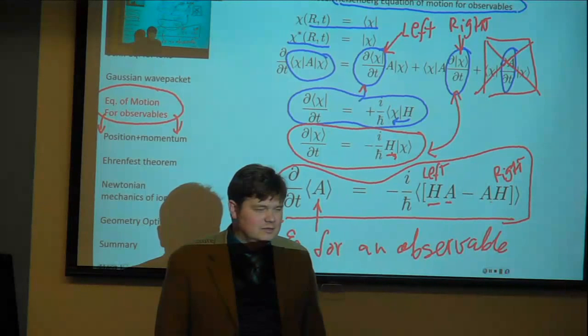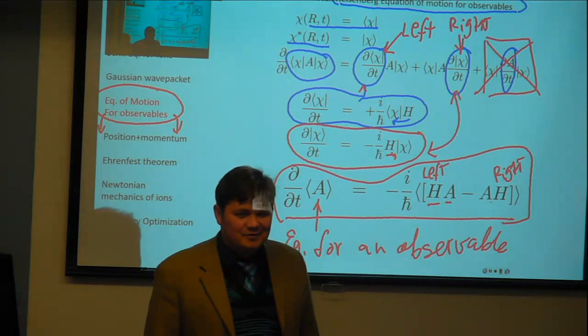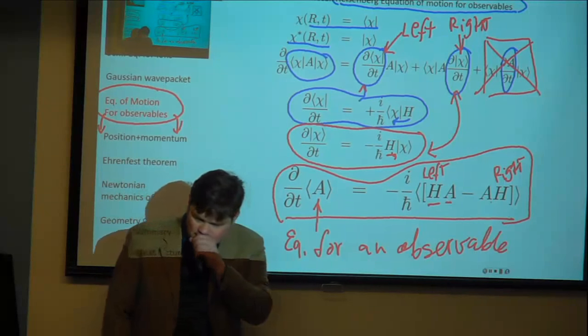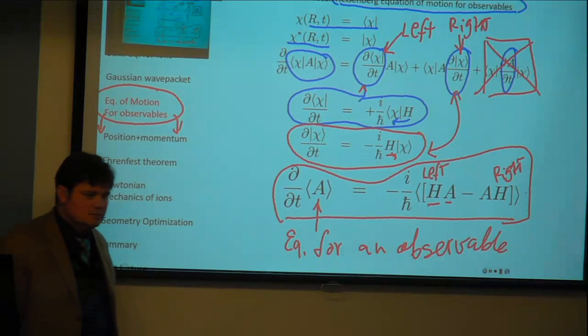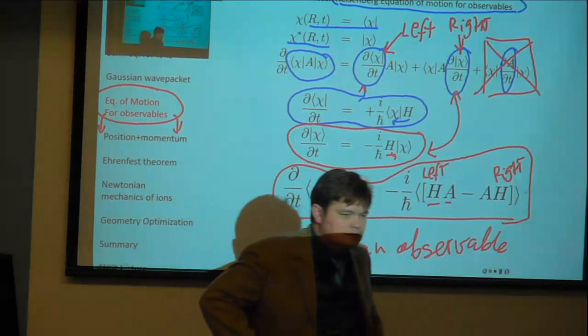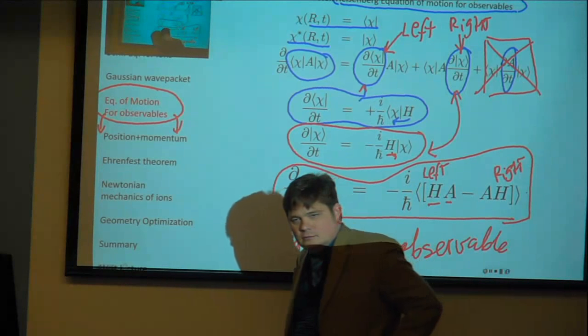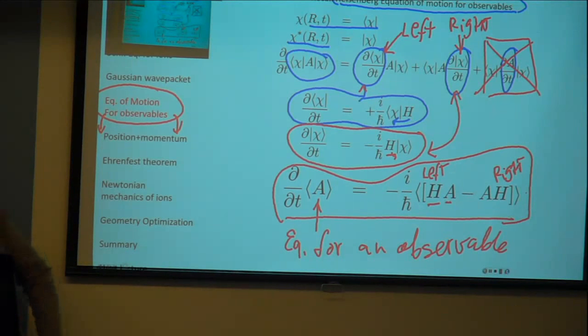Since you volunteered to name it, can you briefly cover what it is? Yeah, so it basically gives relations for expectation values similar to the classical analog. So for example, you can take the time derivative of the expectation value of position and recover the expectation value of momentum from it.